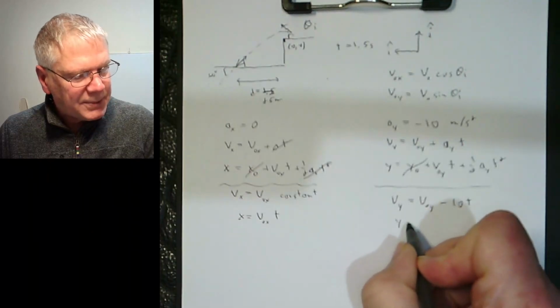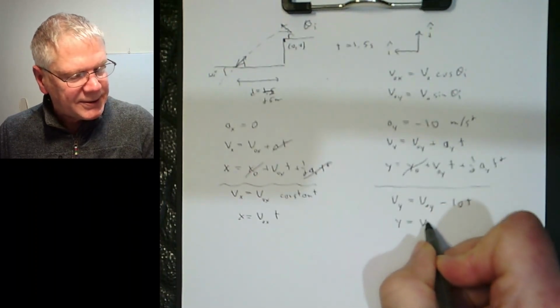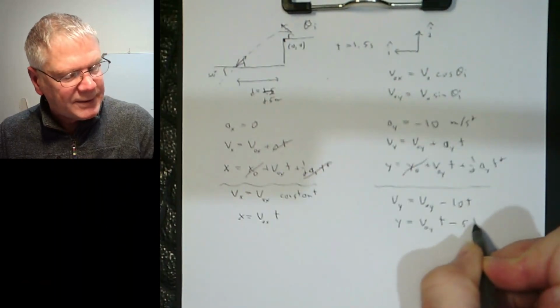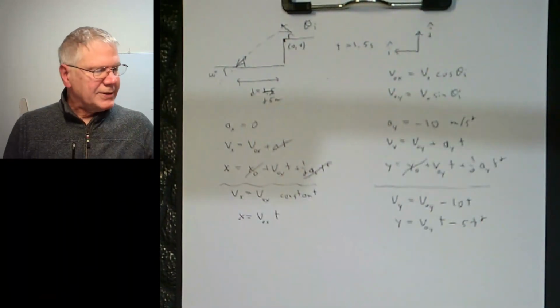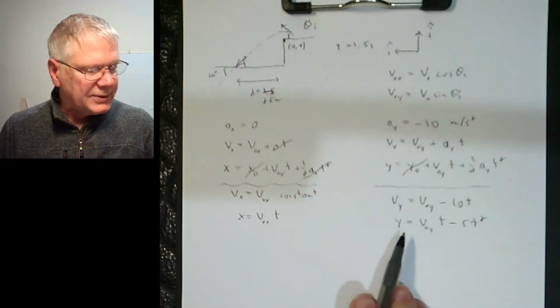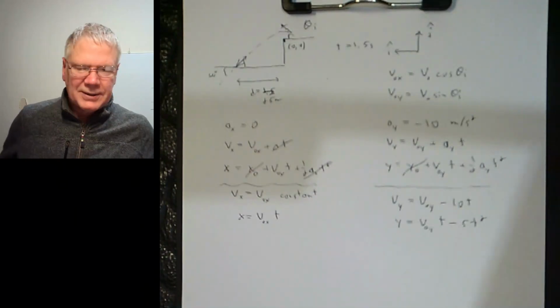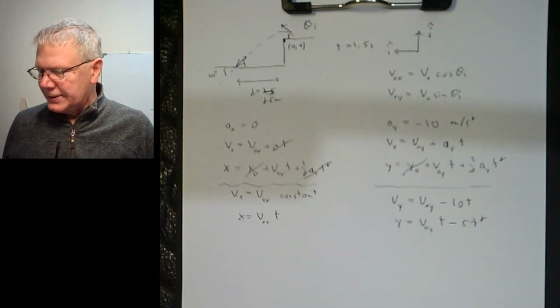And my y position at any time t is the initial velocity times t minus 5t squared. So these are the equations that I'm going to work with, and I'm tempted just to leave it to you to solve them, but it is a little bit tricky. So let's take a quick look at that.